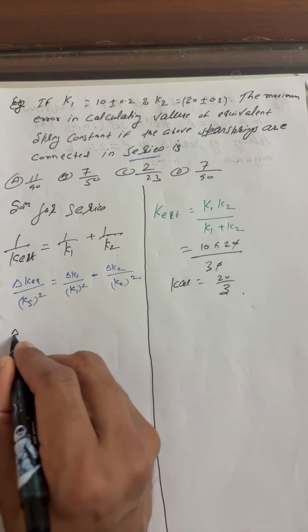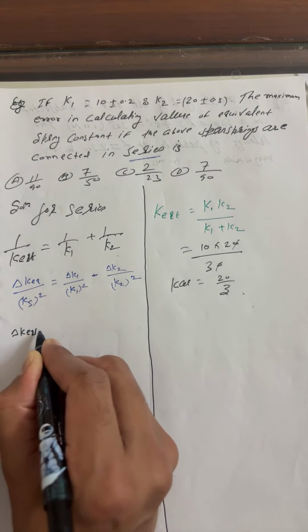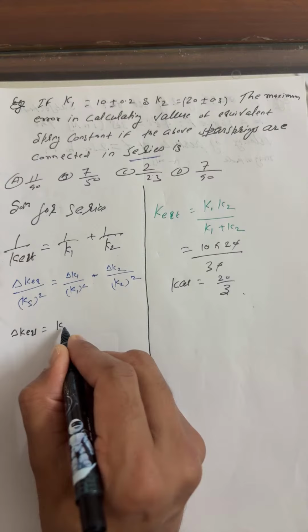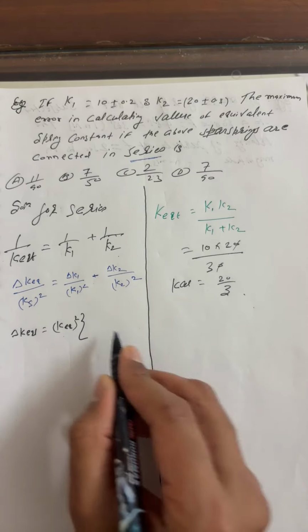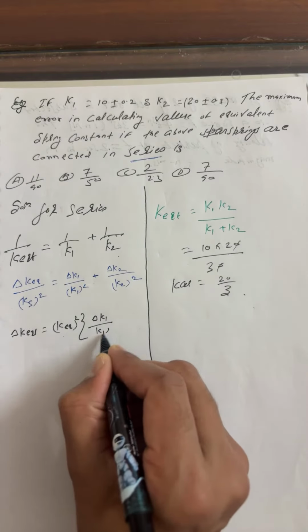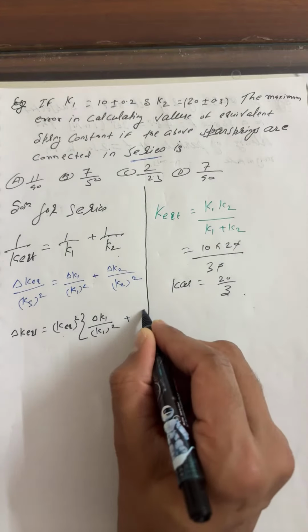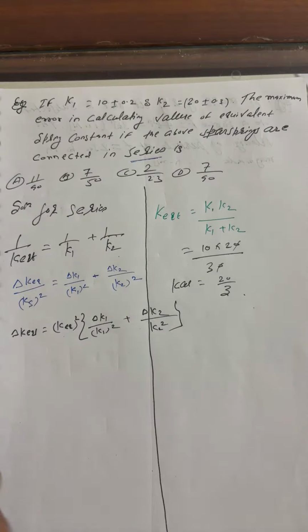So students, we wish to find delta K equivalent error. This is K equivalent whole square into delta K1 upon K1 square plus delta K2 upon K2 square.